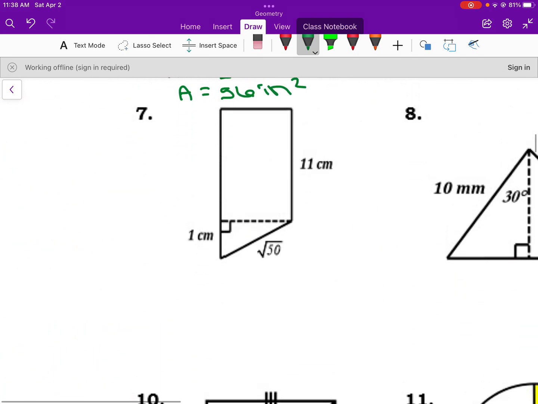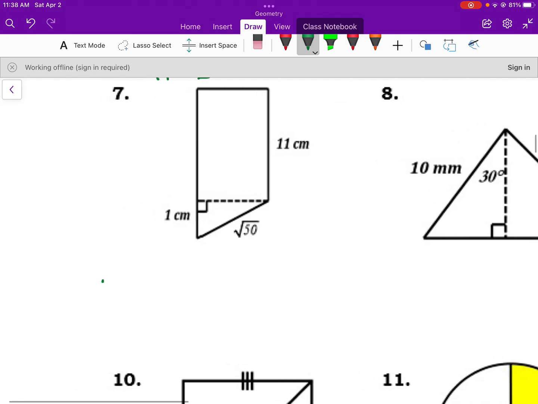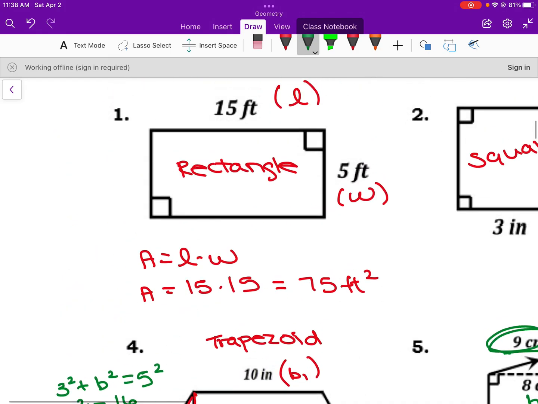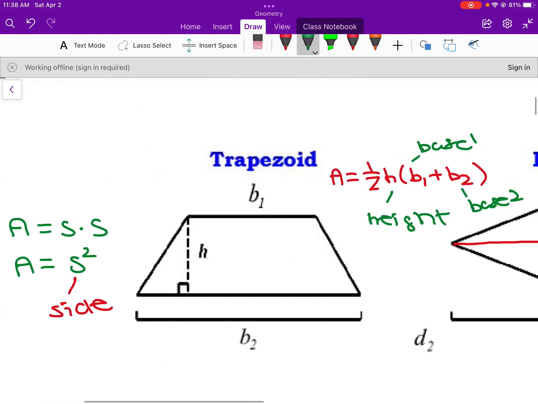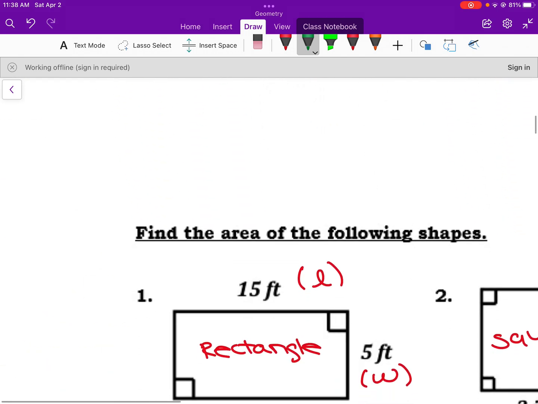Okay. All right, next one. We're now again looking at a trapezoid. So this is again a trapezoid. Right, we know our formula from up above here. 1/2 height, and then the sum of the two bases.